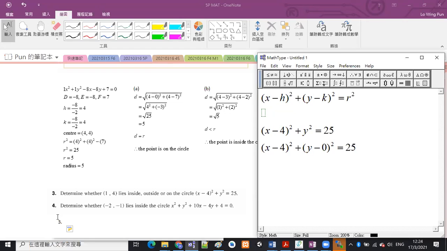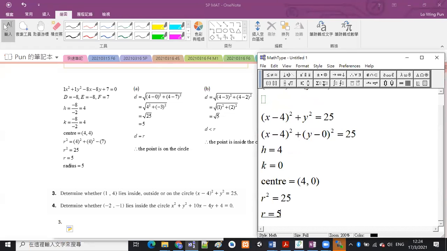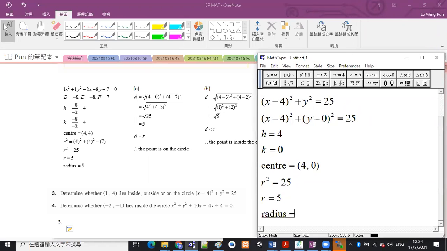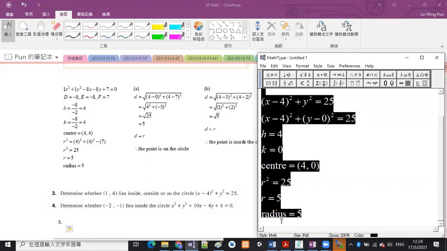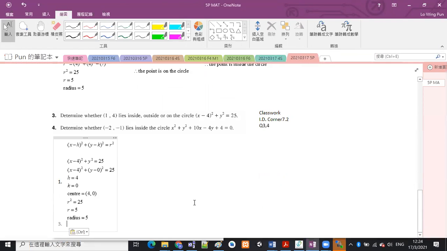Equals 25. So h should be equal to 4 and k is equal to 0, which means that the center should be 4, 0. And when you compare the 25 with this formula, r squared is equal to 25, which means that r is equal to the square root of 25, that is 5, so the radius is equal to 5. So we have successfully found the center and the radius here.